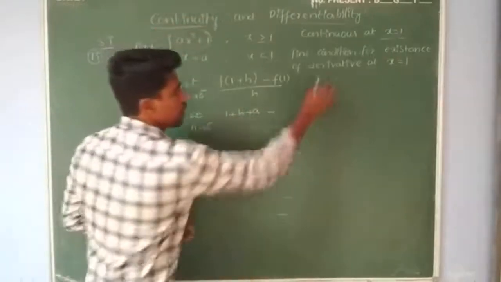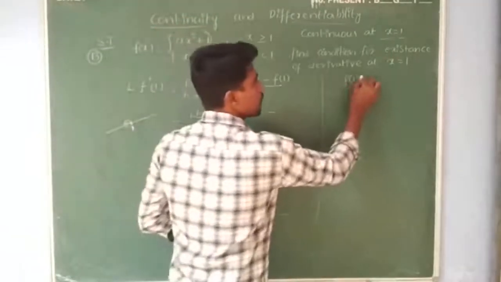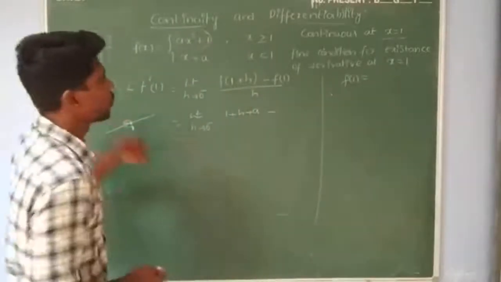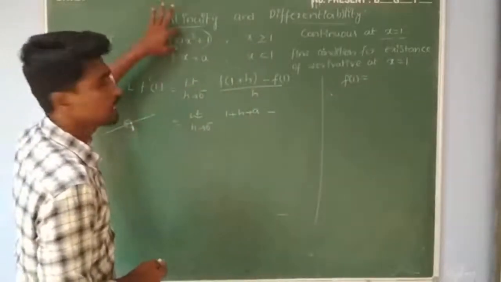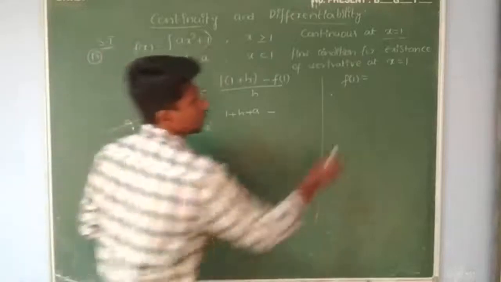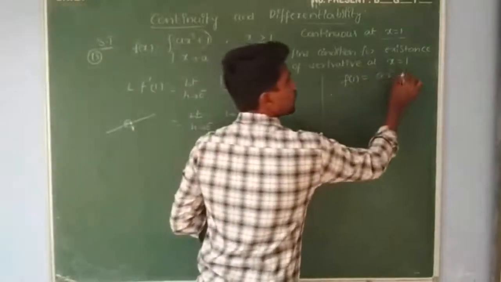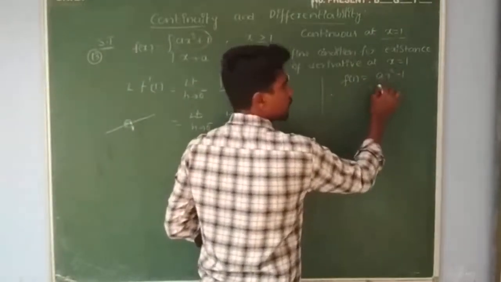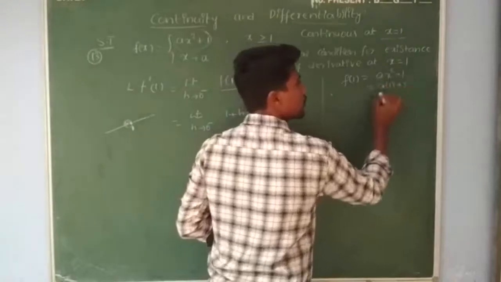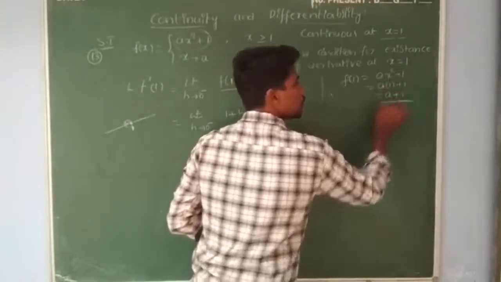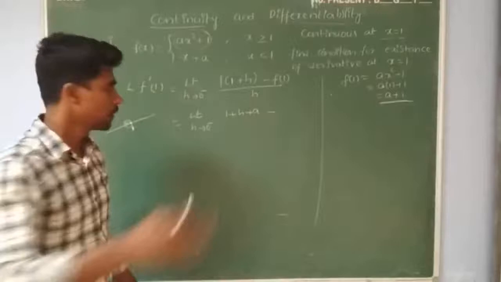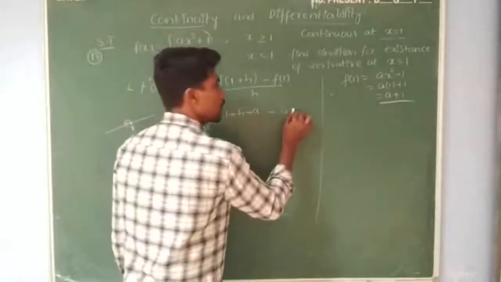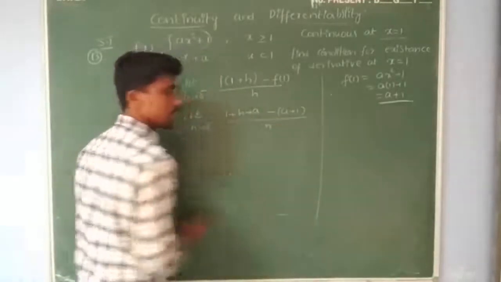What is the value of f of 1? Exactly at 1 the function is given as ax square plus 1. In place of x we substitute 1. We get a into 1 plus 1, which is nothing but a plus 1. So the value of f of 1 is a plus 1. So I can substitute a plus 1 by h.